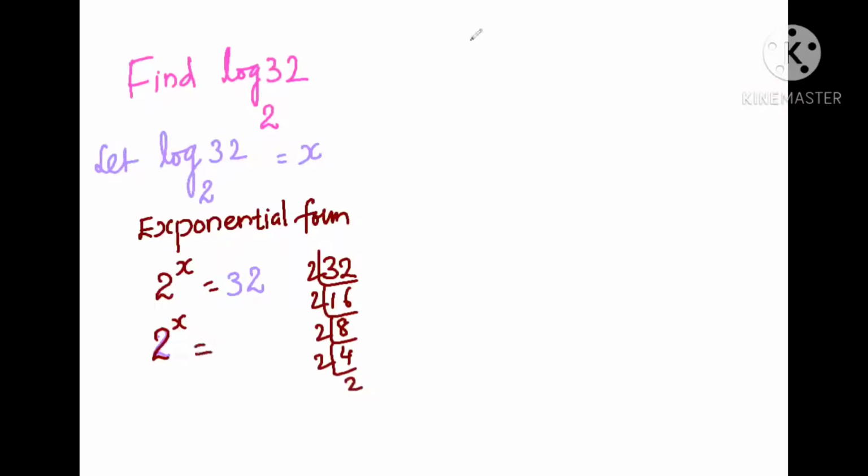So 32 can be written as 2 to the power of, how many times is 2 multiplied here? 1 2 3 4 5. 5 times. When bases are equal, exponents are also equal. Therefore, x is equal to 5.